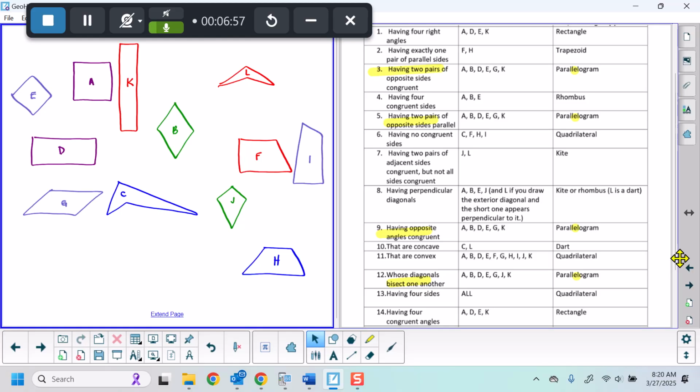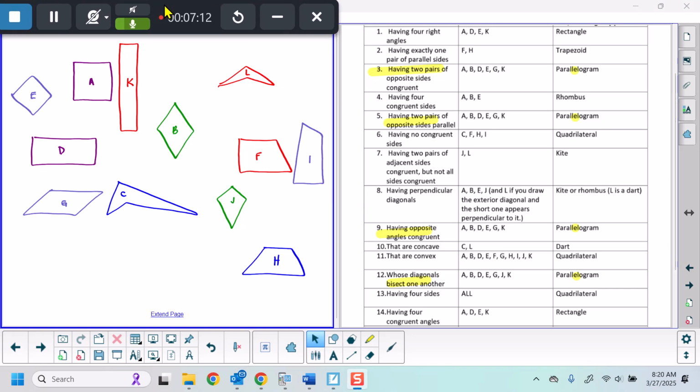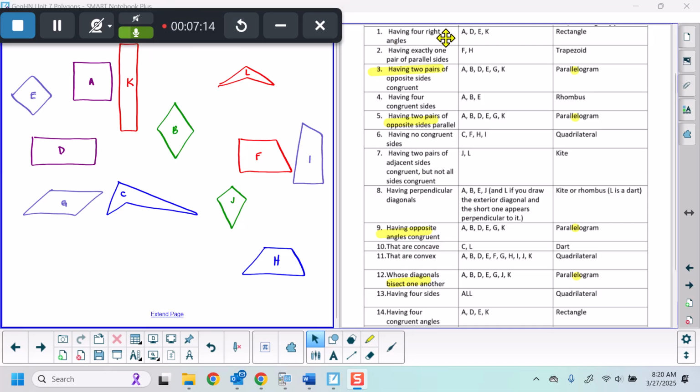If I have a shape where I have 4 right angles, that polygon, that quadrilateral, that parallelogram is something even more special because it's equiangular. And because I know it's equiangular, I can go ahead and call it a rectangle.